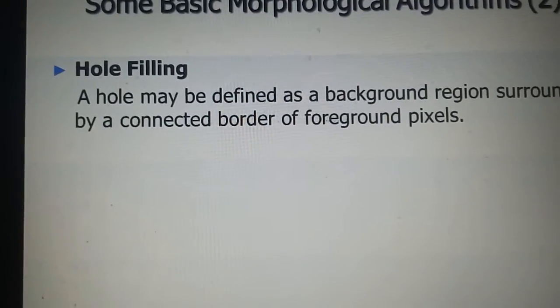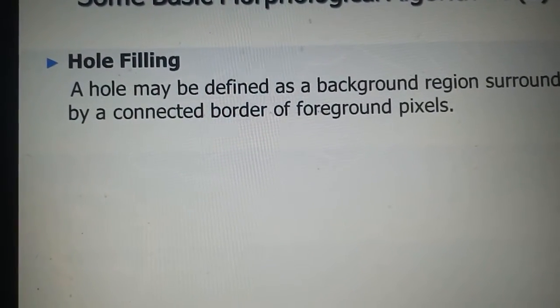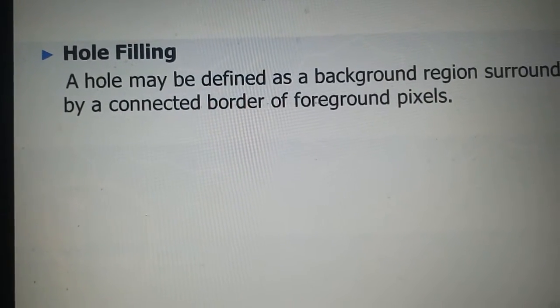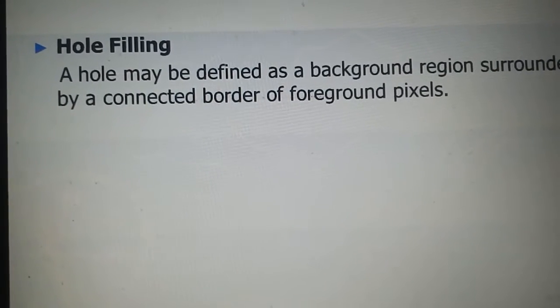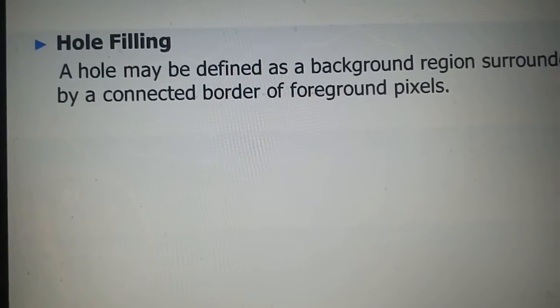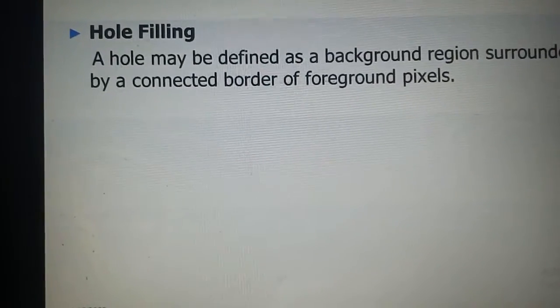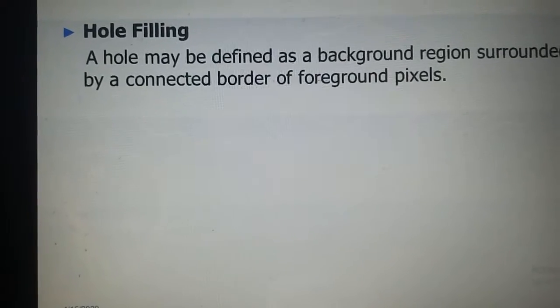That is the definition of a hole. Foreground pixels are the pixels that we are interested in, that is the pixels of the object, and the background pixels are the region or the pixels behind the object of interest. A hole is created by the connected border of foreground pixels.